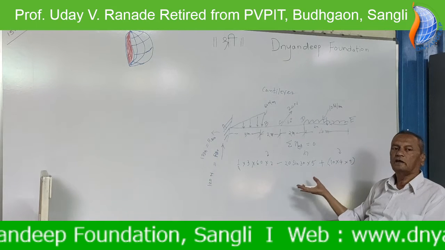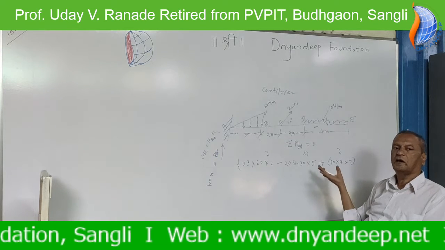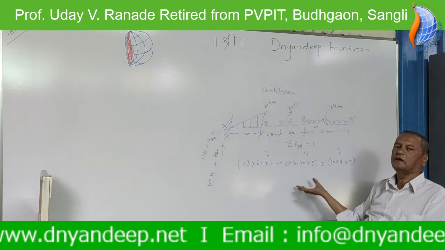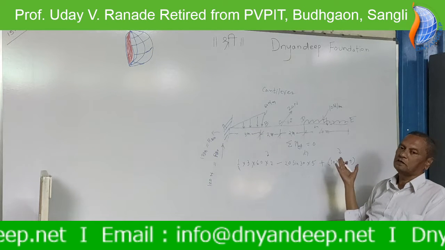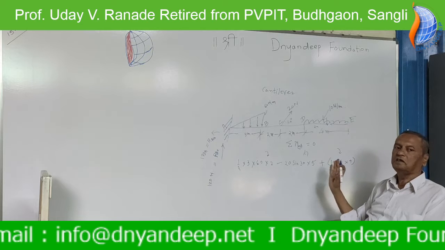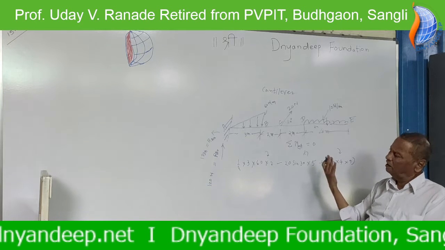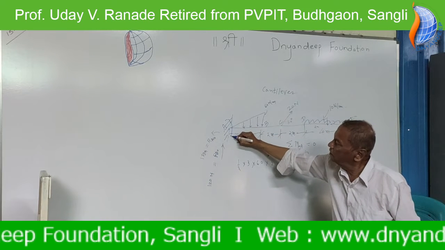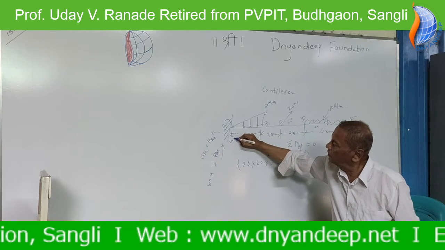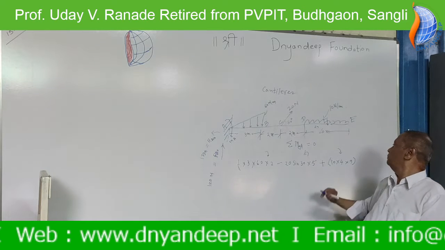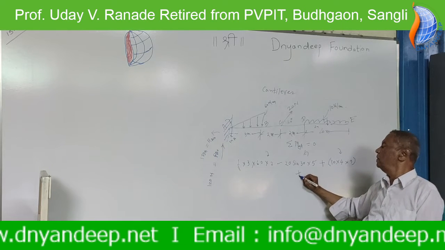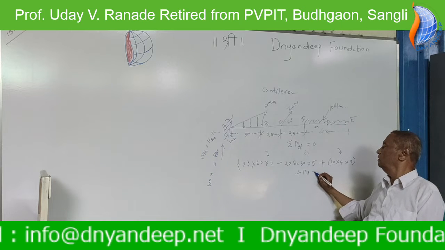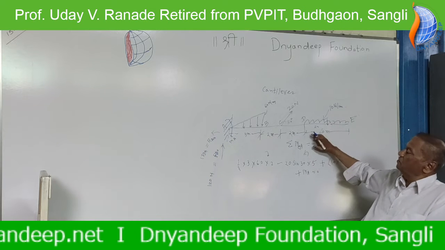If that direction is correct, its sign will come plus. If that direction assumed is wrong, then its sign will come negative. Let us say MA is like this. So plus MA equal to 0.